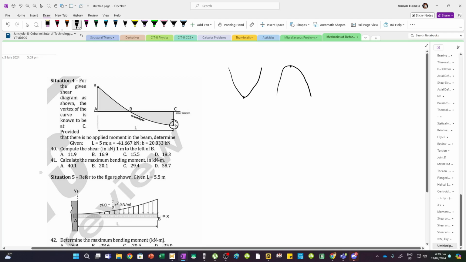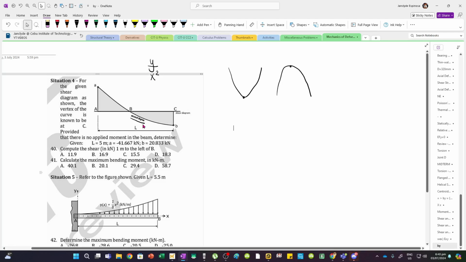What this means is all distances along x for ratio and proportion must be measured from this point. Now here we have a second degree curve. Since this is to the second degree, we're going to use y over x squared for the ratio and proportion. Again, this value depends on the degree of the curve. If this is to the third degree, then this will be x cubed, and so on.